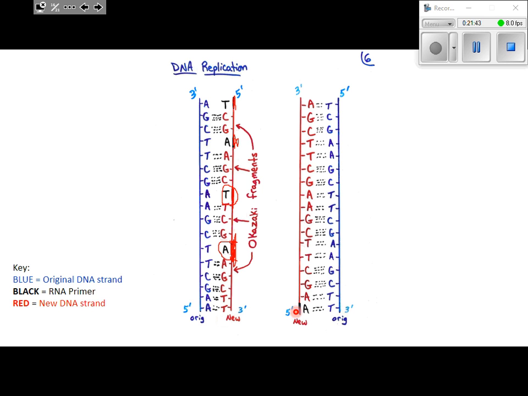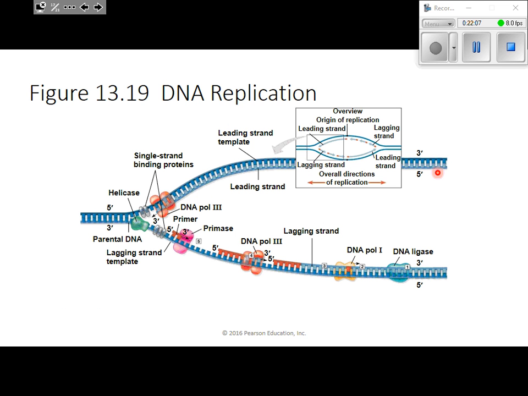So when we're finished with step 6, what we have are 2 DNA molecules. They both are exactly identical. They have the same letters. Each one has an old strand and a new strand, an old original strand and a brand new strand. That's why it's called semi-conservative replication.